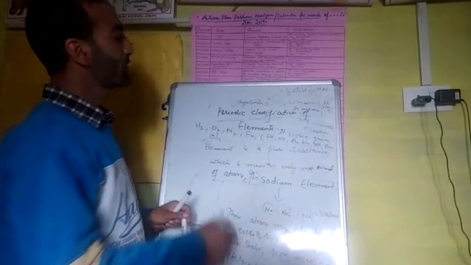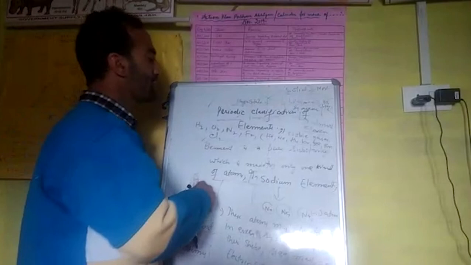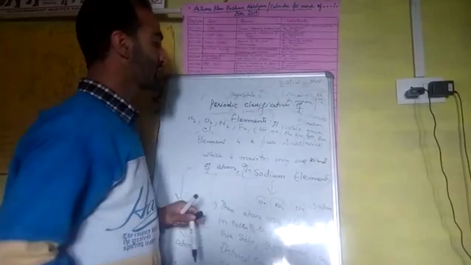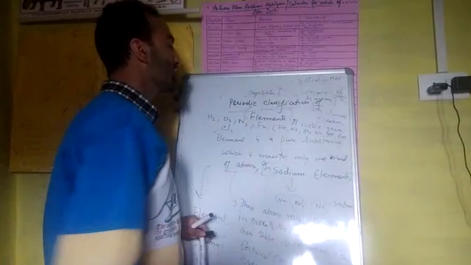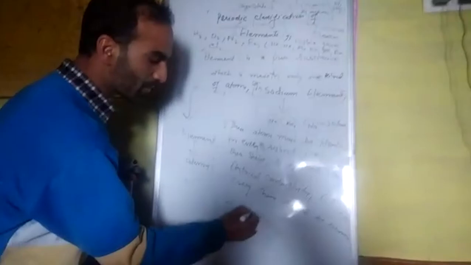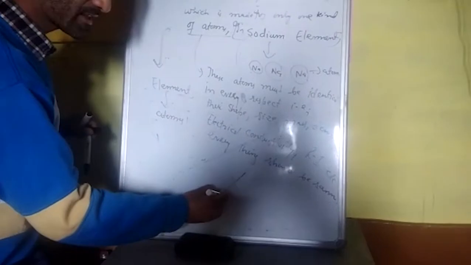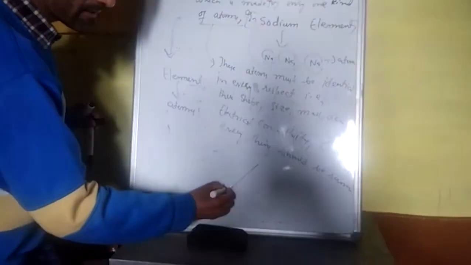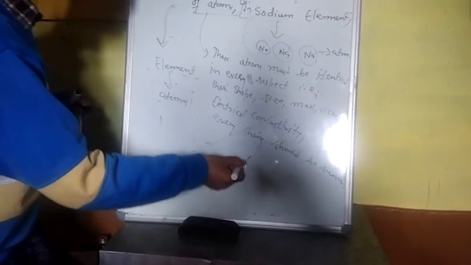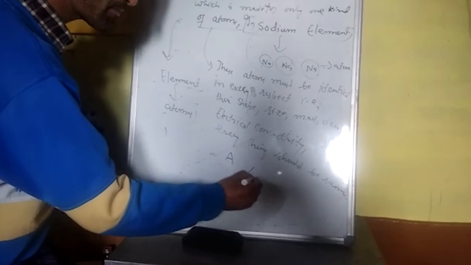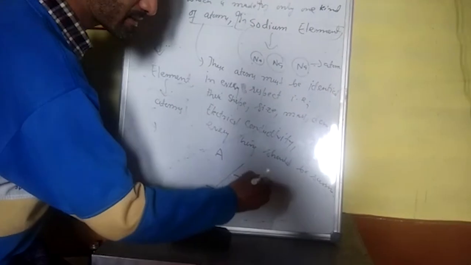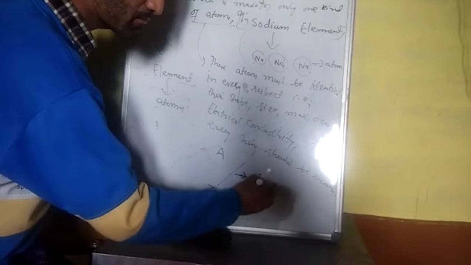These elements, you are all aware now what are elements, and you must have read in junior classes, like in 9th class, how elements are represented. The representation of elements is like this: X, and on the extreme lower left there is Z, and on the extreme upper left there is A. X represents the symbol of the element.